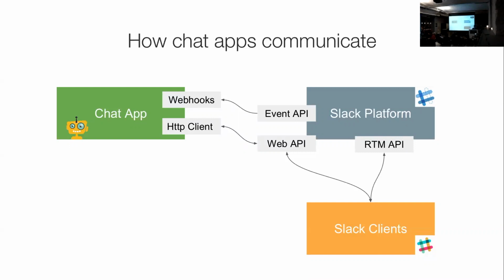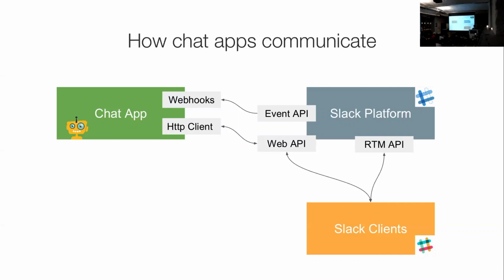And why would you not use a real-time API for it? Because it's WebSocket based. And the event API, which just calls through webhooks, which are just simple HTTP endpoints, is easier to scale. Also, your chat app will communicate with the Slack platform through the web API, for example, to post a message or, like the Slack clients do, to retrieve a list of channels.